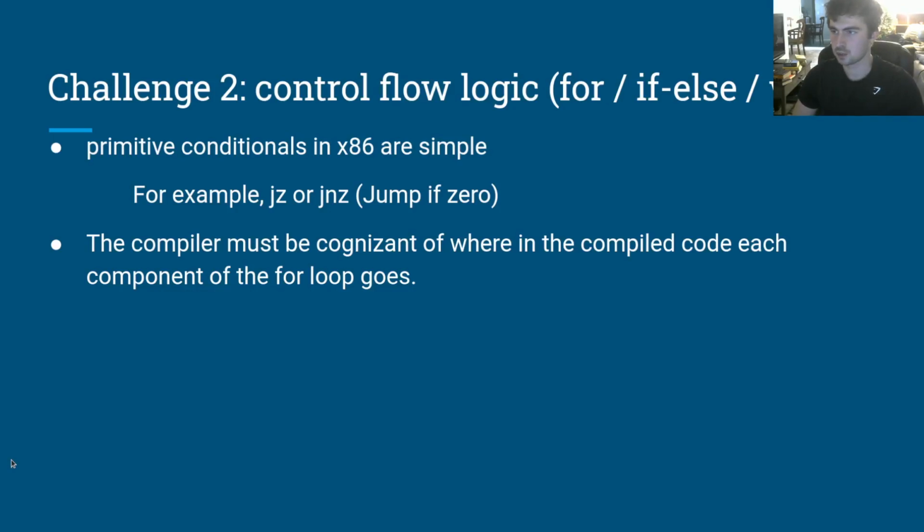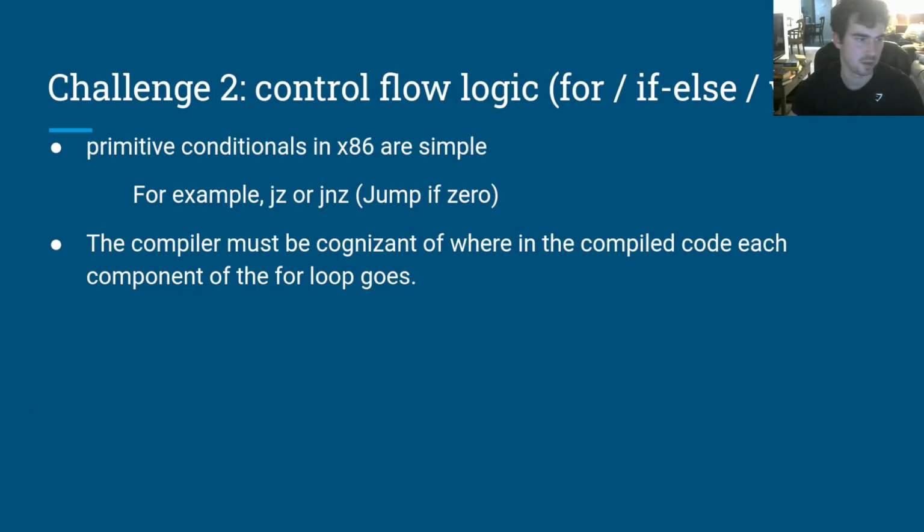If we want to do conditionals in assembly, that's pretty simple. There's the jump if 0 command. So if a certain value is equal to 0, then we continue. Otherwise, we jump to a specific instruction in memory. But when we compile this, we do have to be cognizant of where in the actual compiled code each component of the for loop goes, and also where our memory pointers are.